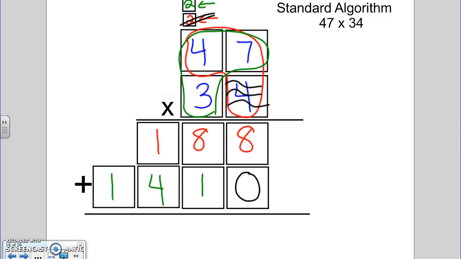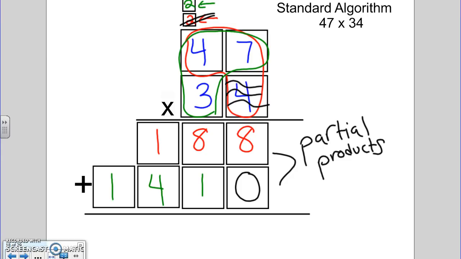Now that we have our two partial products, all we have to do is add. So, what is 8 plus 0? It's 8.